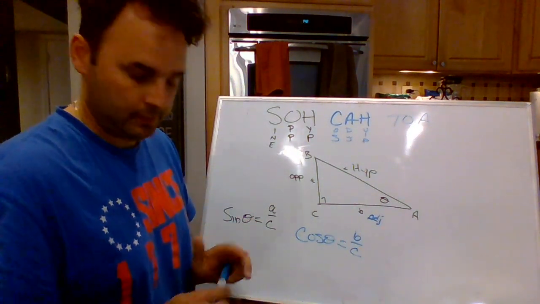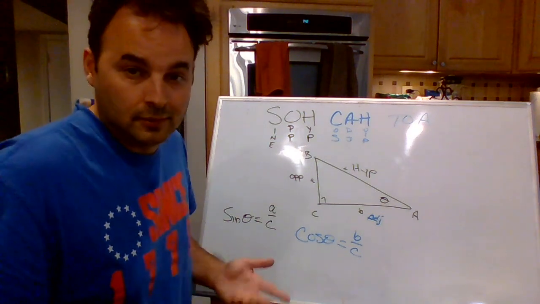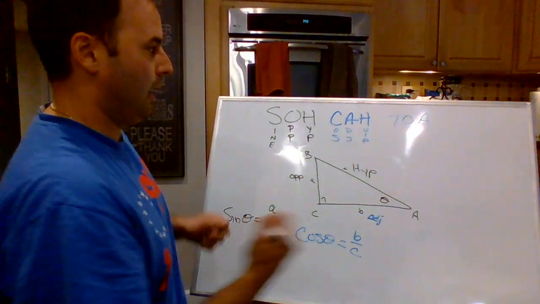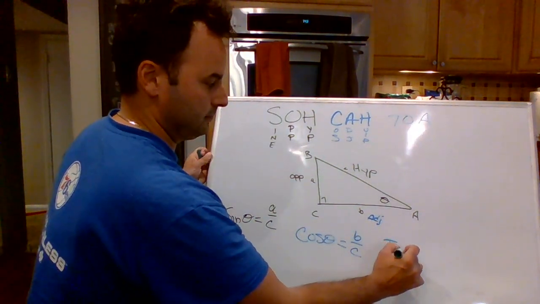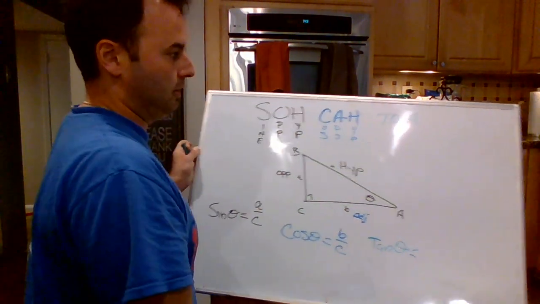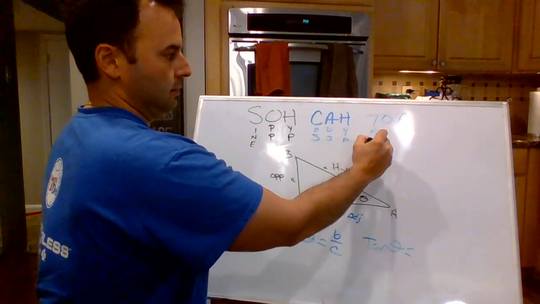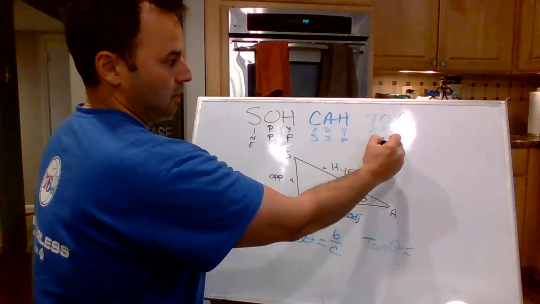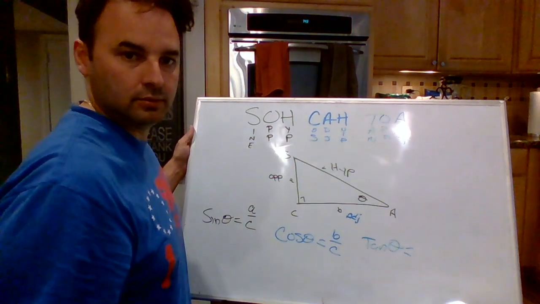Okay? I'd say questions, but if you do, type it up in the comments and I'll answer it for you. And next we have tangent. The tangent of theta is the opposite over adjacent.